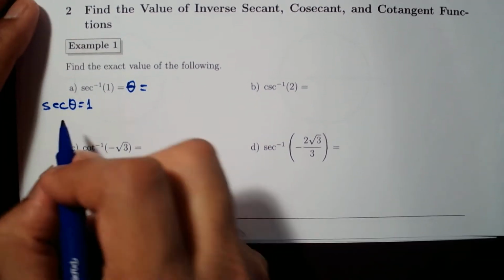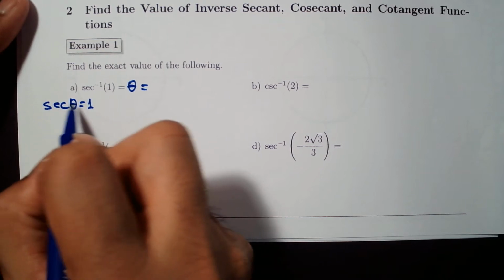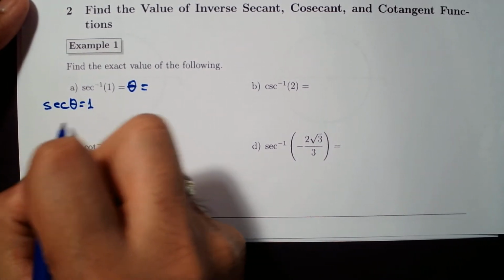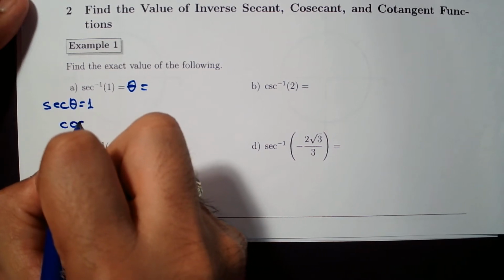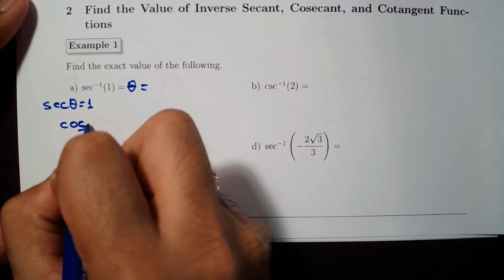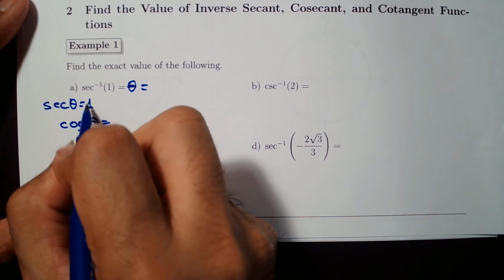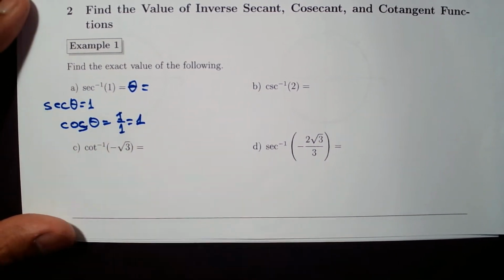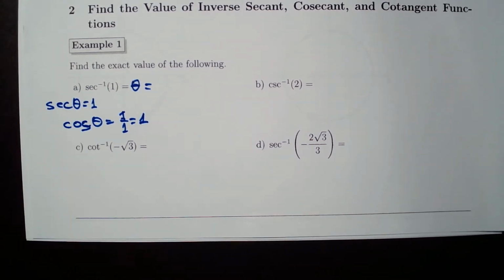Then we change this secant into its reciprocal, which is cosine. The reciprocal of 1 is also 1 over 1, which is 1. In other words, what we're looking for here is which angle theta has a cosine of 1.